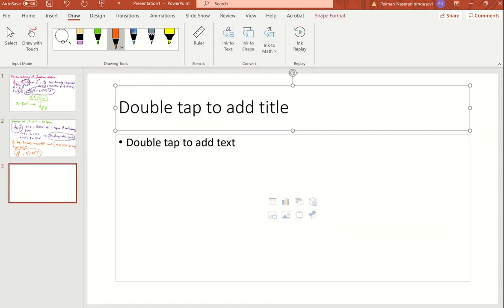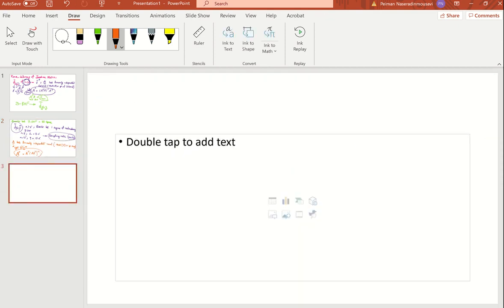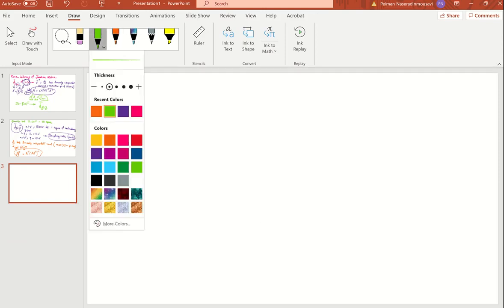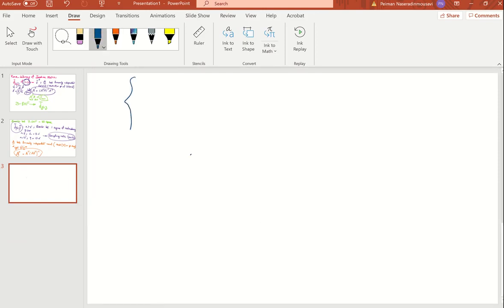If I want to summarize on one page, for the left pseudo inverse, it's A transpose A inverse A transpose.